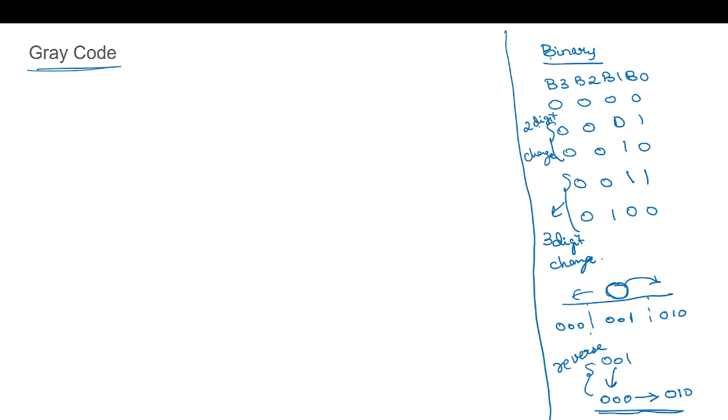So this possibility of a decoding error will be there in this binary. So we go for gray code. Gray code is an unweighted code, and it is with unit distance.